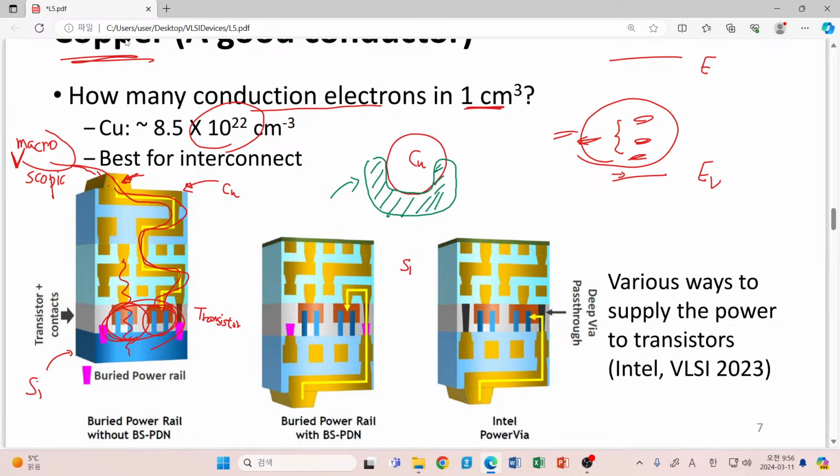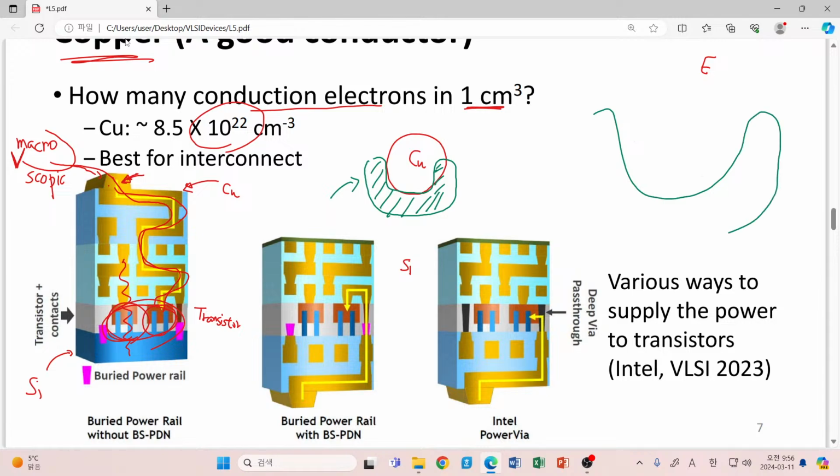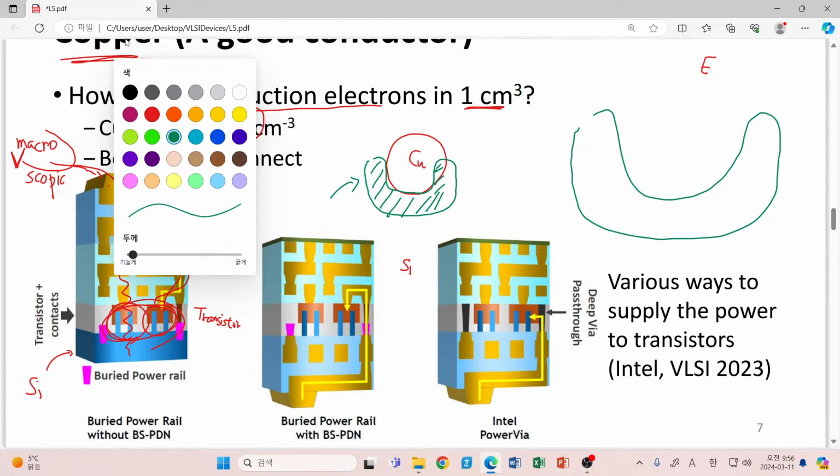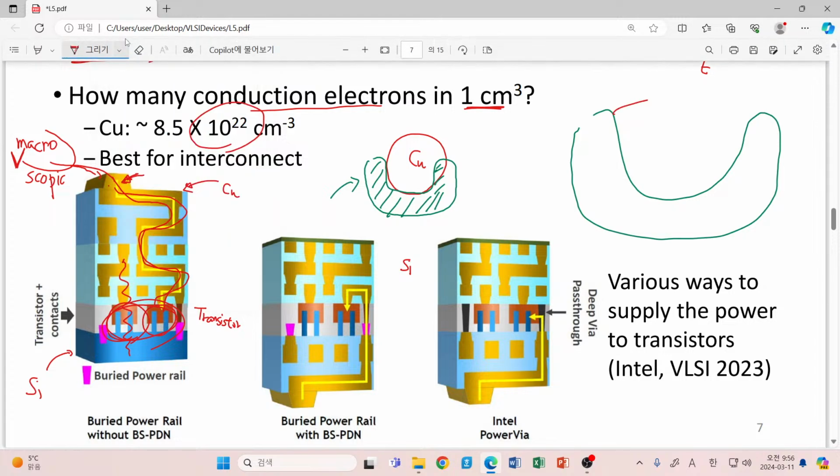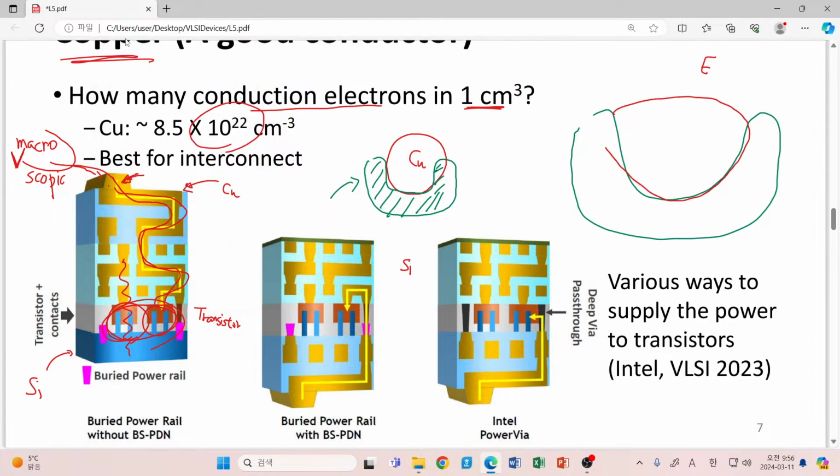In the previous case, when your interconnect was large enough, it was good.